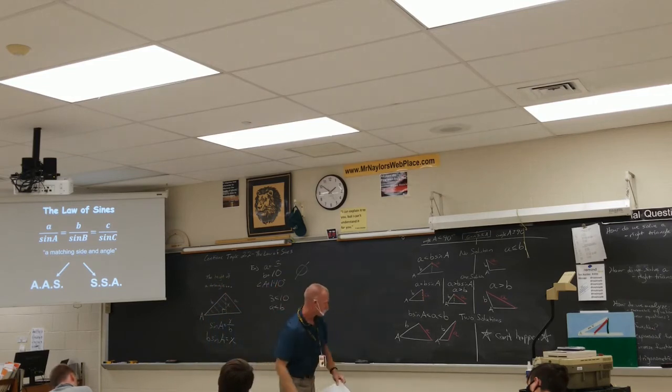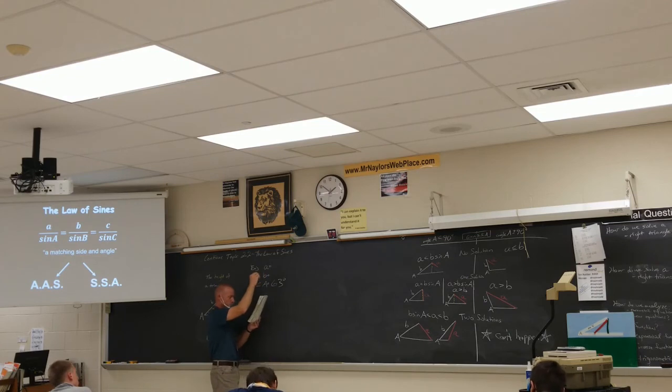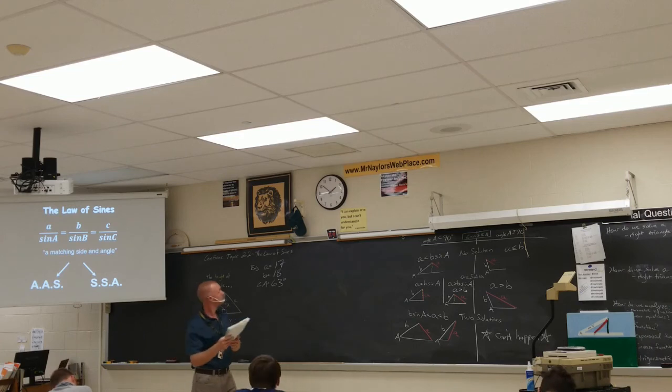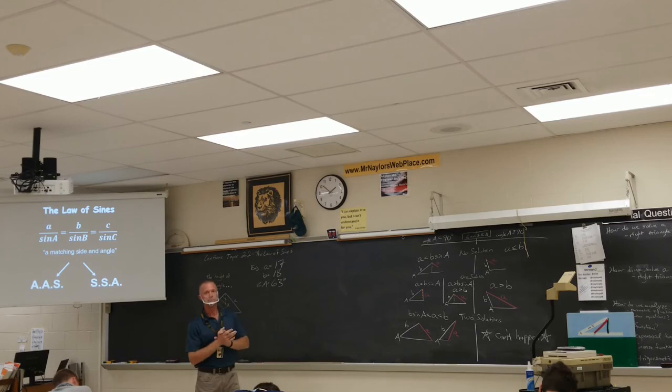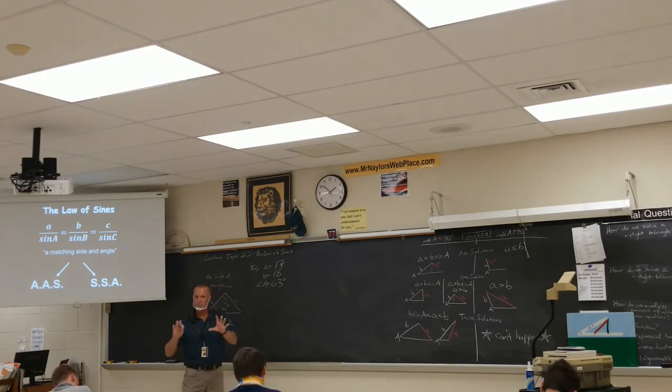Okay, let's try another one. 63 degrees, and this pair of numbers, 17 and 18 for sides A and B. Now, as your friendly neighborhood teacher, I try to know what's best for you.